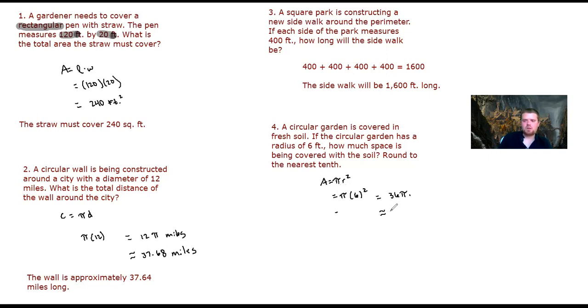That gives me approximately 113.04 square feet. And then it's asking me to round to the nearest tenth. So I'd be rounding to this decimal place. 4 obviously is less than 5, so I would just leave the 0. So my answer: the soil will cover approximately 113.0 square feet, or feet squared.